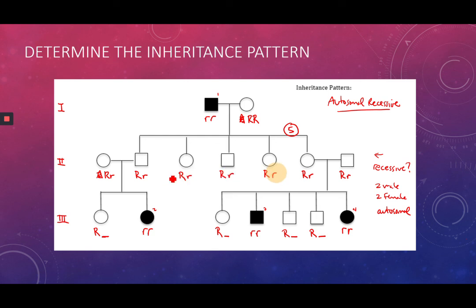So all the children are heterozygous. This is the reasoning and the rationale that we use in order to figure out the genotypes. And because everything worked out perfectly and everything is plausible, this pattern is likely to be autosomal recessive.